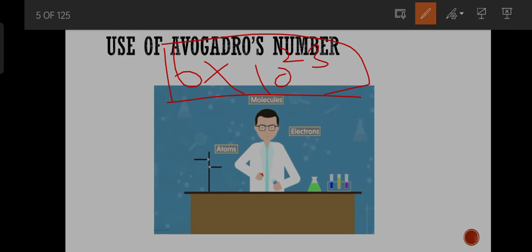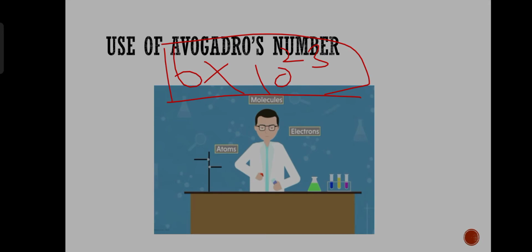So mostly in daily life we use units like kilograms, dozens, or we can use a pair of shoes, right? But when a chemist deals with atoms, if you are carrying out any reaction, you have to deal with molecules, atoms, or electrons, ions, or any other particle.